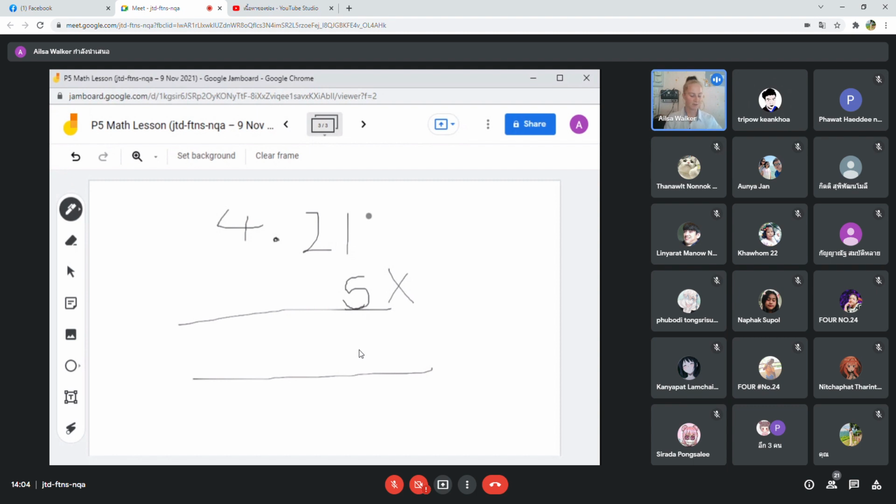What do we think, everyone? 1 times 5 is 5. Good. 2 times 5. 10. Carry the 1. 4 times 5, 20, plus 1 equals 21. Good. And we need to put our decimal point.